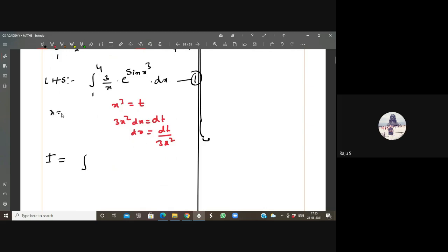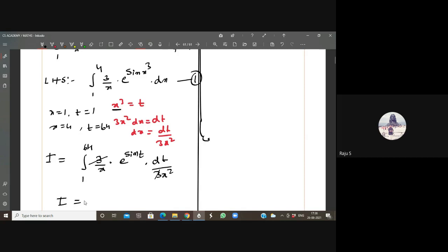When x is equal to 1, t is also 1. When x is equal to 4, t is equal to x cube, 4 cube, that is 64. Limits are 1 to 64 and 3 by x is there into e to the power of sin t, and dx value is dt by 3x square. 3 get cancelled.